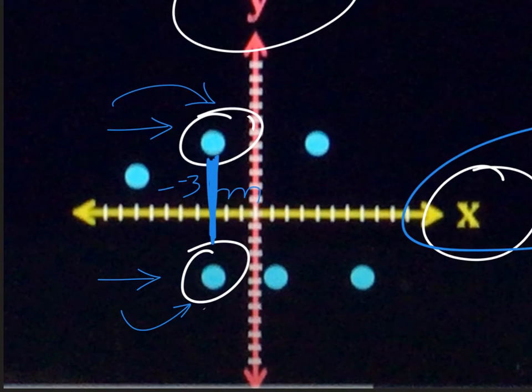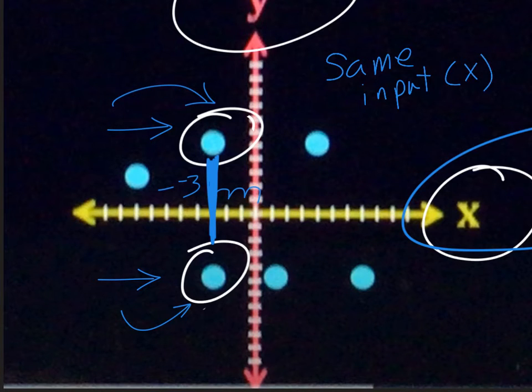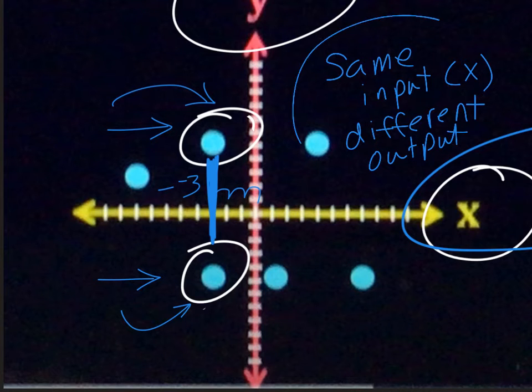So these have the same input. In other words, they had the same x value, but they had different outputs. So that is probably another reason that you might be seeing in your future that this is not a function.